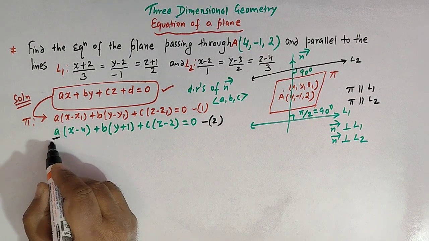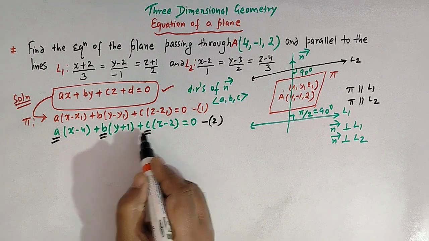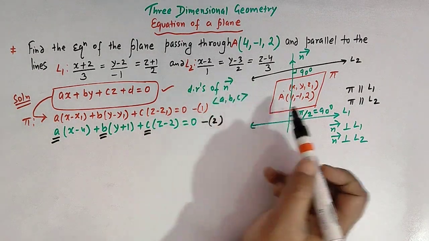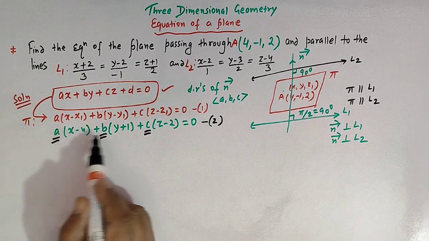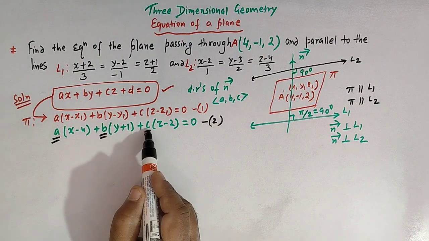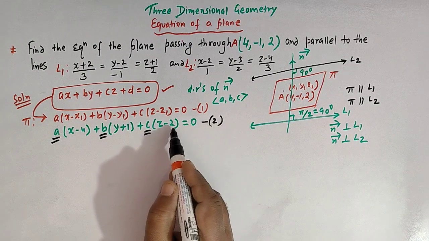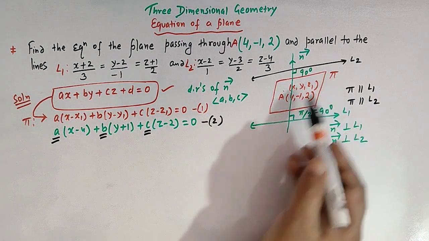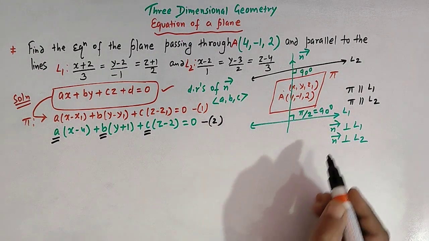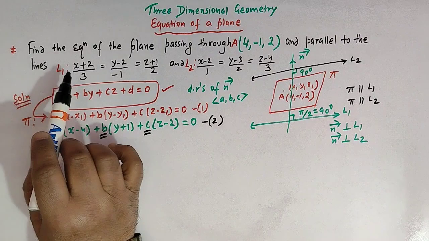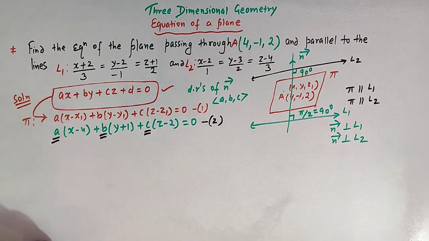Here we have A, B and C, which are the direction ratios of the normal vector. Once we know the values of A, B, C, we can easily find the equation of the plane pi. First we'll take the line L1.